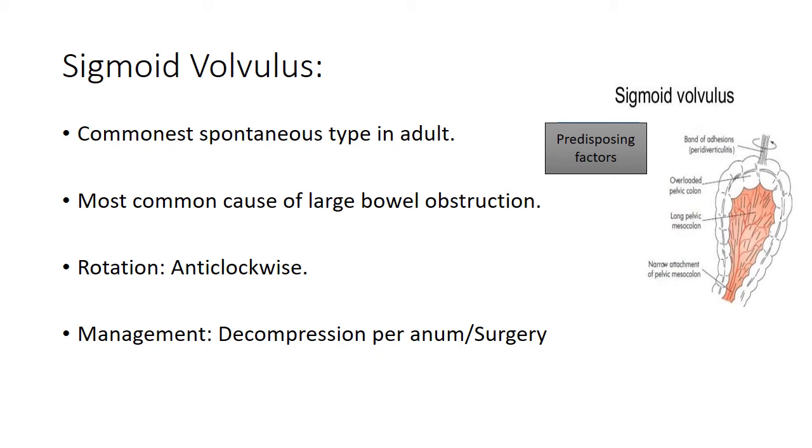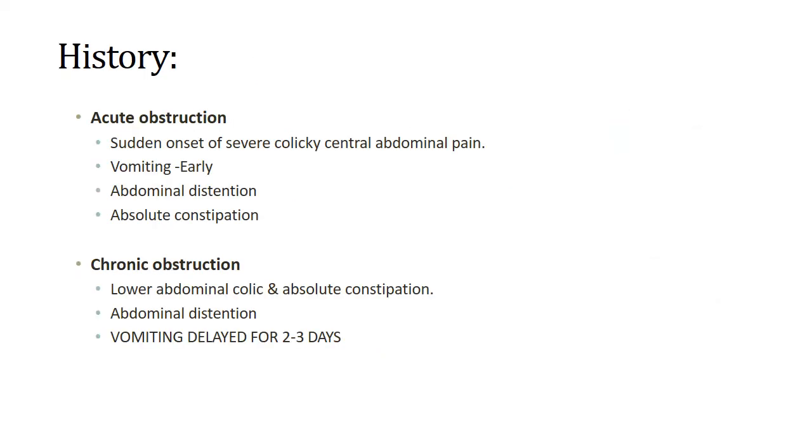It's very important to remember the predisposing factors of sigmoid volvulus. In this image, you can see the band of adhesion, overloaded pelvic colon, long pelvic mesocolon, and narrow attachment of pelvic mesocolon are the predisposing factors to cause sigmoid volvulus.